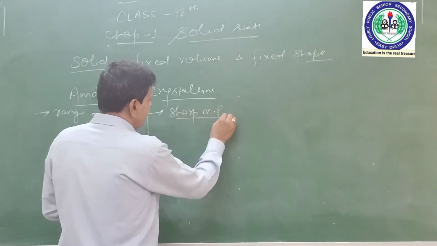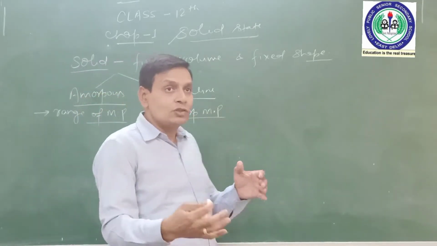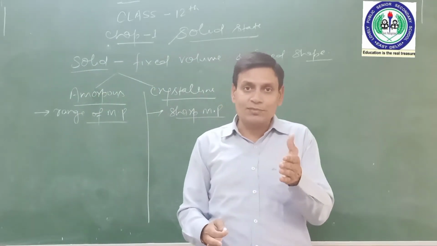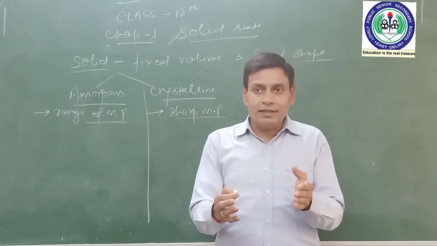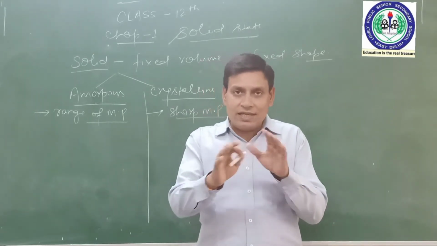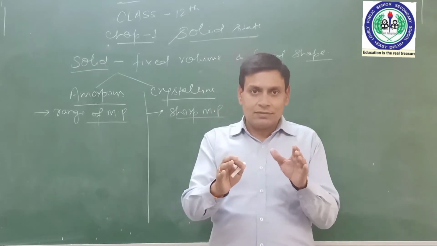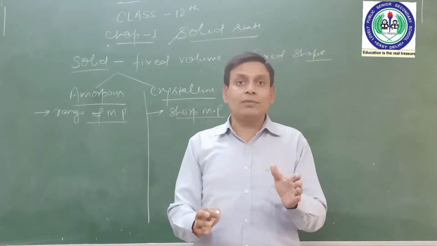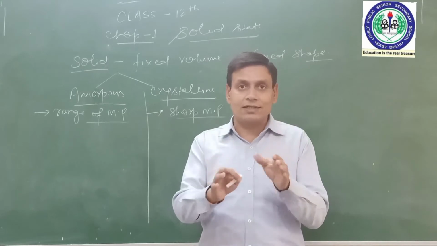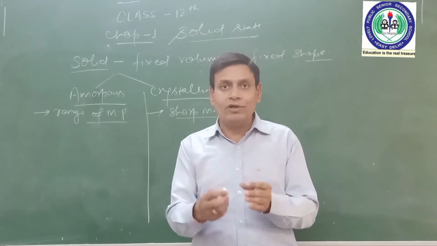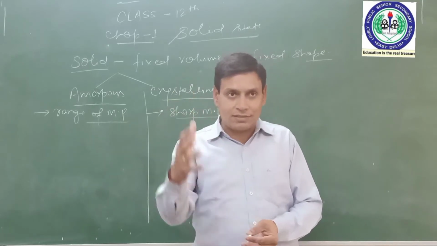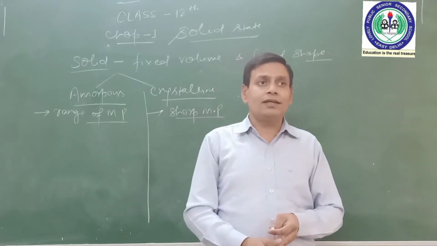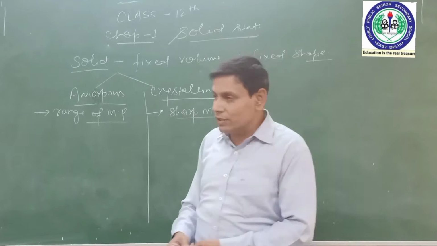What is the meaning of sharp melting point? If you take the example of sodium chloride, if you heat sodium chloride in any container, you will see initially there is no change in the physical state. I am not talking about the chemical, but the physical state, there is no change. And instantly, whenever that NaCl reaches its melting point, it starts melting, it vigorously melts together.